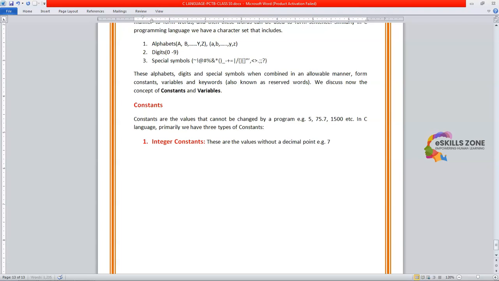For example, 7, 1256, 3010, 0, 45, 55, minus 54, minus 2349, etc. They can be positive or negative.